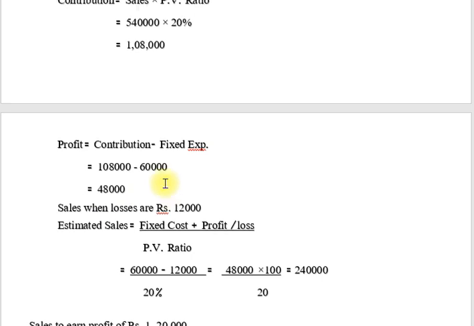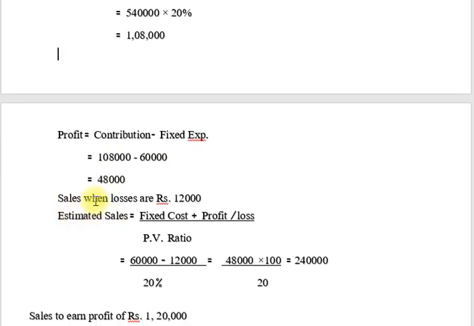Then the next point: the sales when losses are rupees 12,000. When we make a loss in our business, how many rupees of sales did we make? Here we use our estimate sales equation. Estimate sales is equal to fixed cost plus profit or loss upon PV ratio.